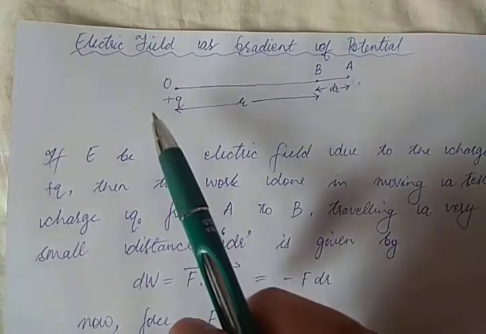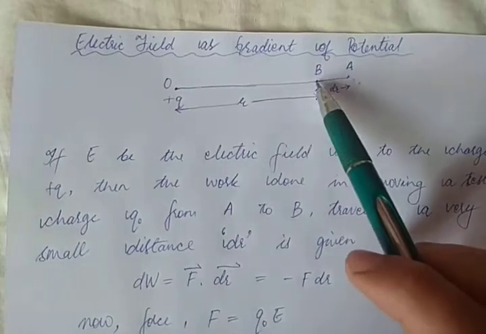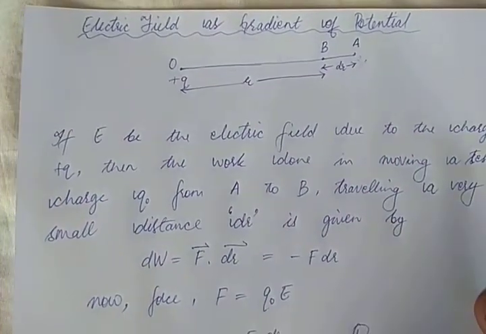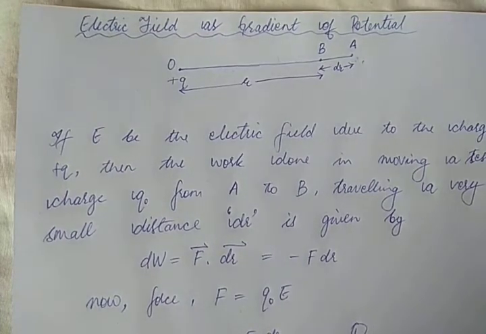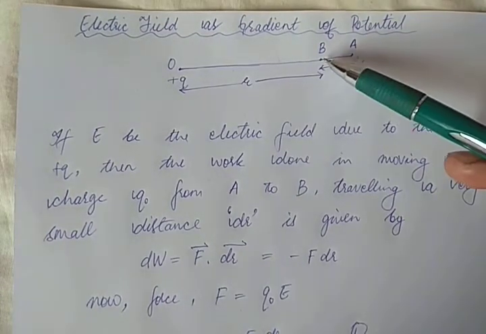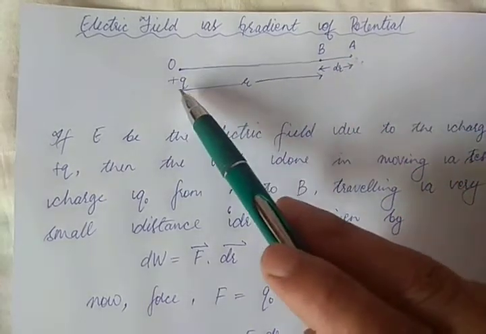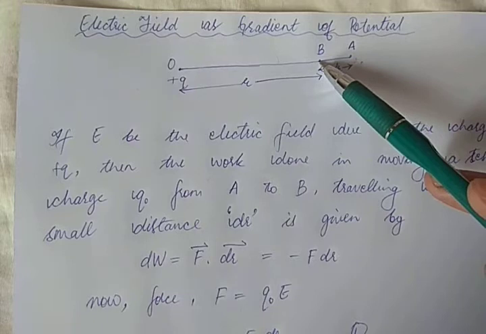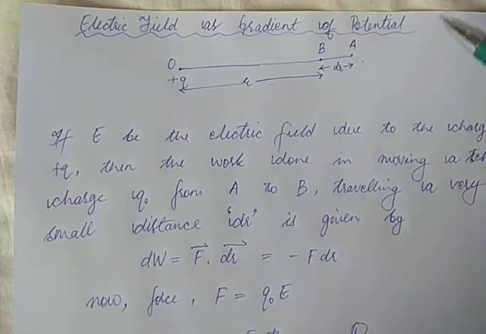Due to this charge plus Q, we can measure potentials at B and A also. We can find the value of potential at point B and point A. Since point B is closer to point O, that is closer to plus Q, the potential at B will be more and the potential at A will be lesser.